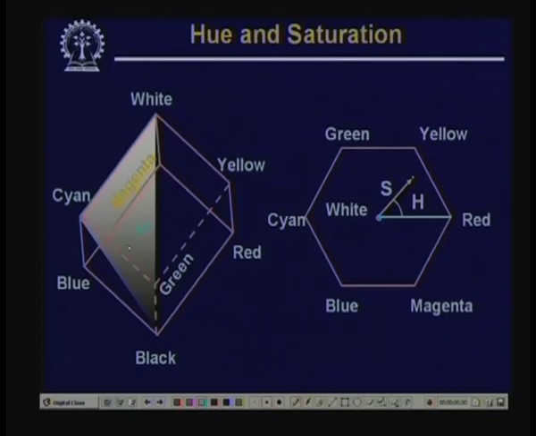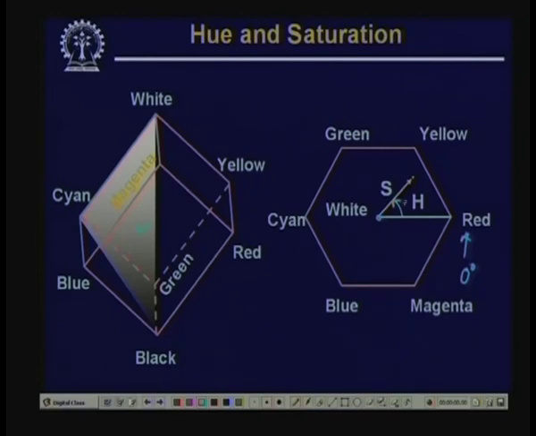So, the hue can be computed like this: it is the angle between the straight line, which is the projection of this shaded plane, and one of the primary colors, and normally this primary color is taken to be red. This angle is normally measured in anti-clockwise direction. So, using this convention, red will have a hue of 0 degree.